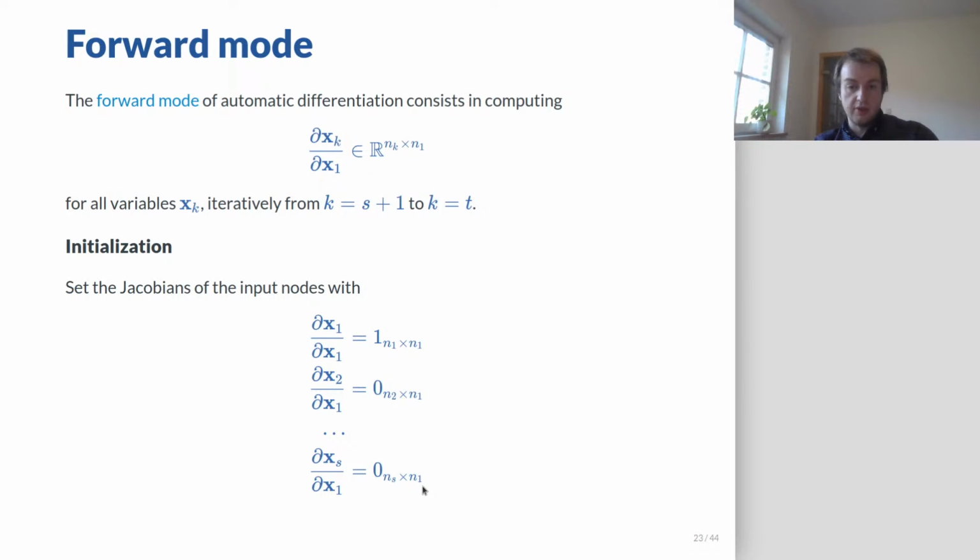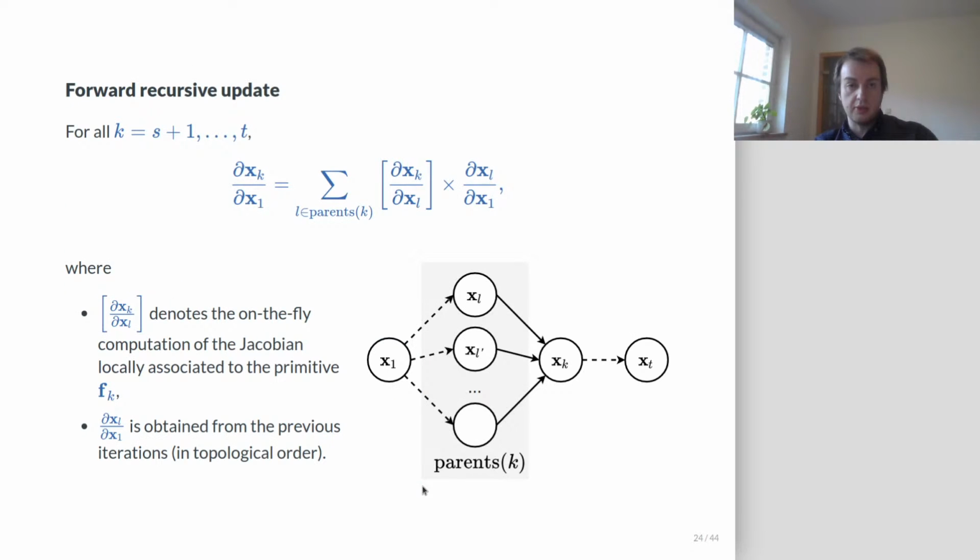And then, given this initialization, we can apply what is called a forward recursive update. So for all k from s plus 1 to t, we'll compute the Jacobian of xk with respect to x1. How? We'll apply the chain rule to do that.